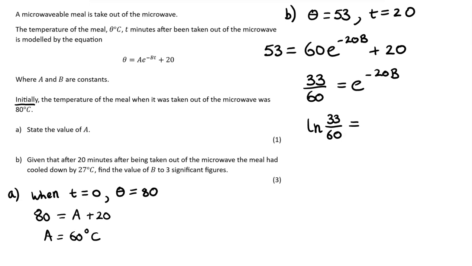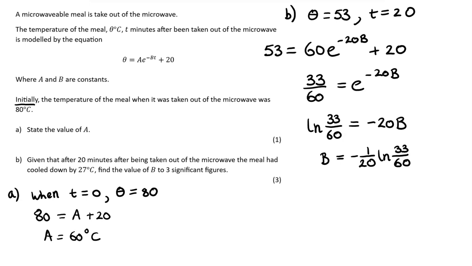You can check that through the power law, bring the x down, natural log of e is just 1. So natural log of e to the power of minus 20b is just going to be minus 20b, and then you divide both sides by minus 20. And then this is what we get.